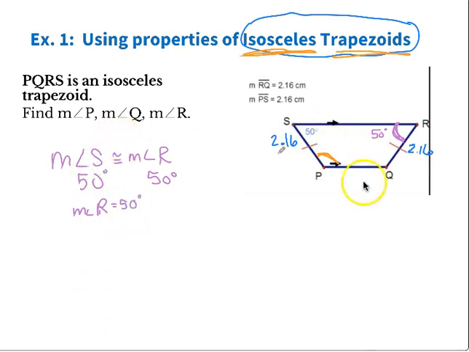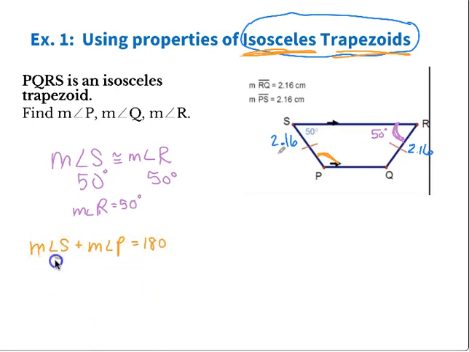What about angle P? Well, what do we know about the relationship between angle S and angle P? They're adjacent angles, so they have to be supplementary. So supplementary means adds up to 180. So I know that if I take the measurement of angle S and add it to the measurement of angle P, it has to give me a total of 180 degrees.